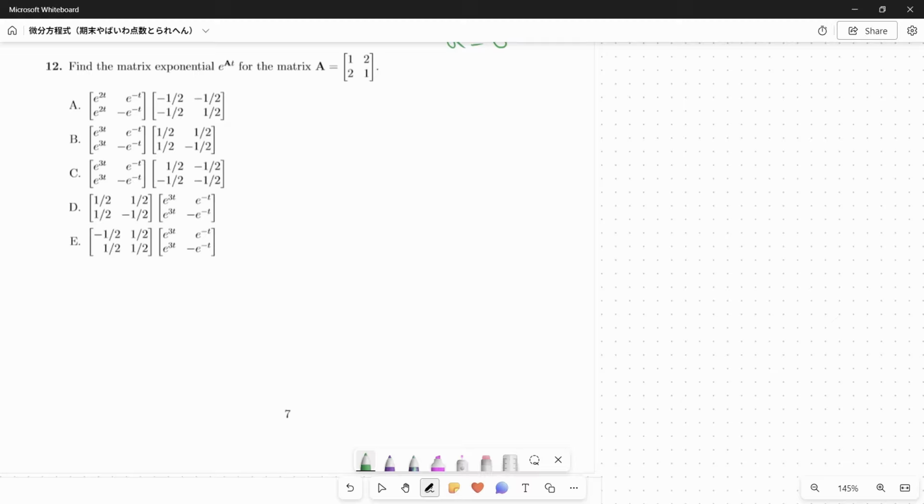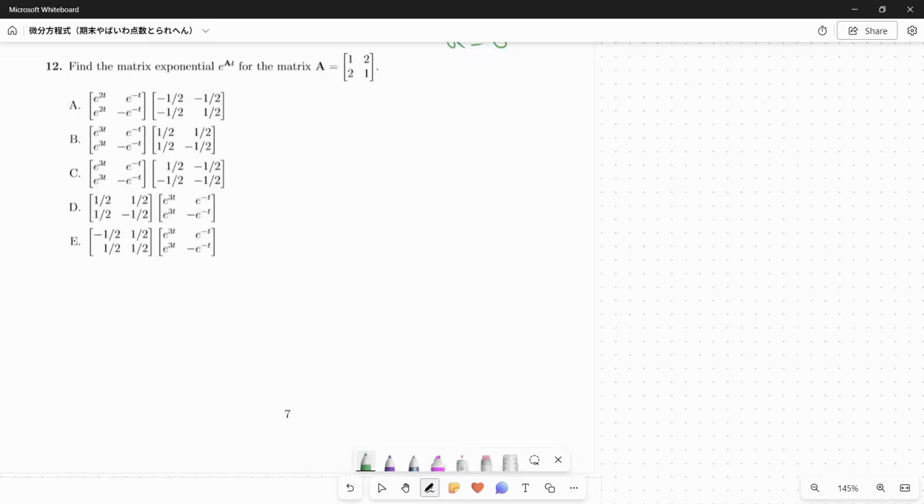Okay, so in this question, it's asking us to find the matrix exponential e to the At for the matrix A given to us. So the first thing we have to do is treat this matrix as if it's coming from a system of differential equations, where we're effectively trying to find the linearly independent solutions to come up with a general solution for the system.